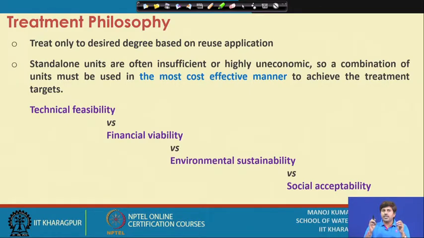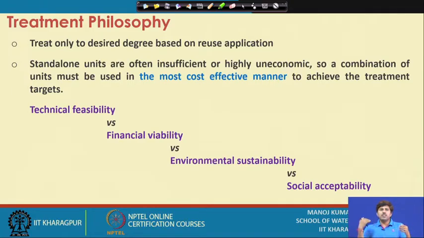So, a combination of units is used, as we discussed earlier, in the most cost effective manner to achieve the treatment targets. The treatment targets are technical feasibility, financial viability, environmental sustainability and social acceptability for the reuse purpose, and many times we have to trade off between these targets. Something which is technically feasible may not be financially viable.